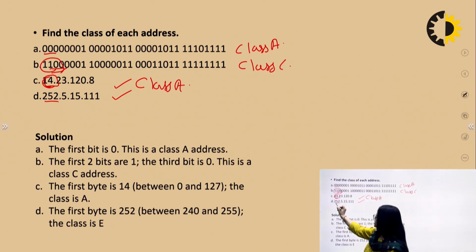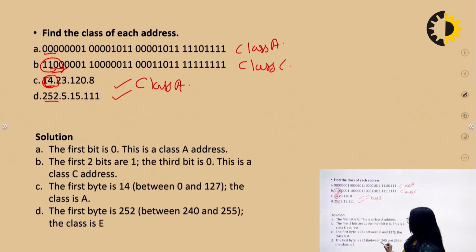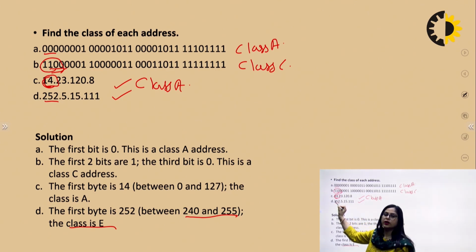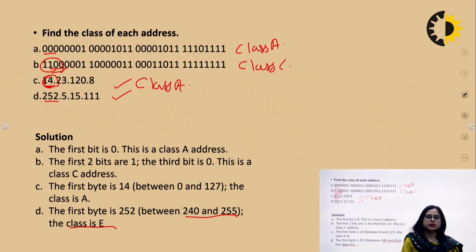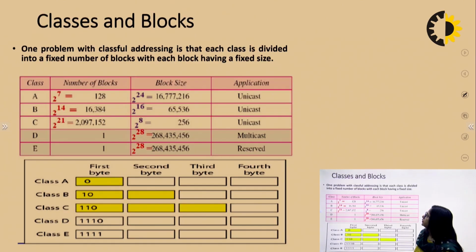This belongs to the range 240 to 255, that is class E. So these are the 4 IP addresses for which we have to identify the class.